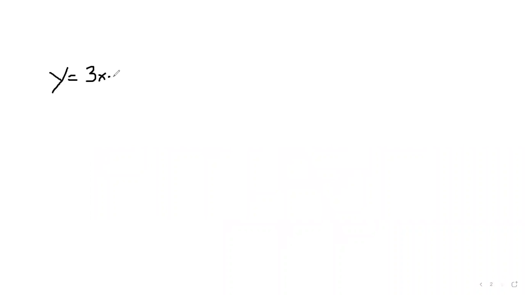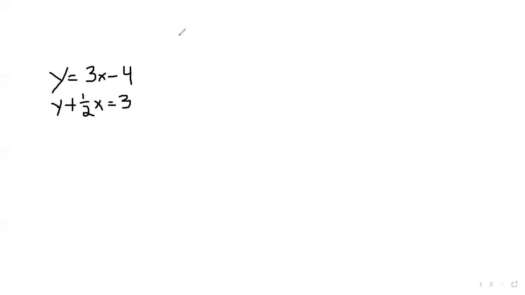Now that's in the right form, that y-intercept stuff. But what about this one? y plus 1/2 x equals 3. Uh-oh. That one is kind of goofy. It's not in that y equals mx plus b form.